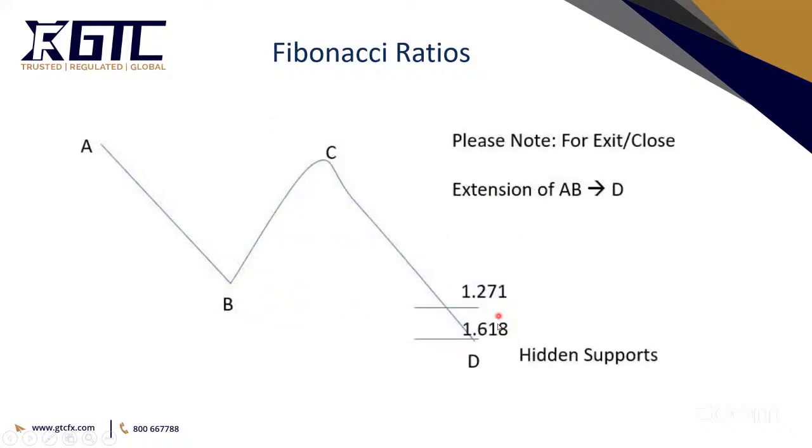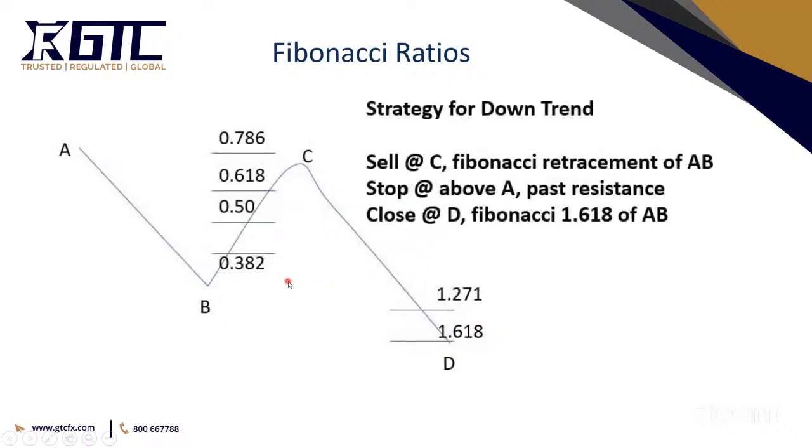And to find D, we find the extensions of the AB boundary, and the ratios are 1.27 and 1.618. So the strategy for a downturn is sell at C on a retracement, with a stop above A, which we have discussed, and close at the Fibonacci extension 1.618.